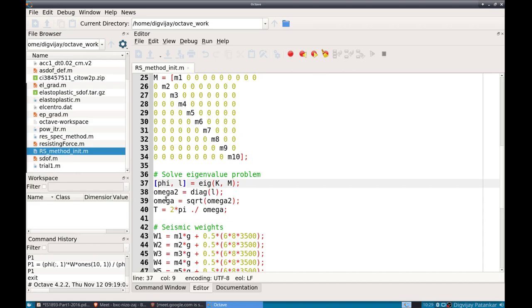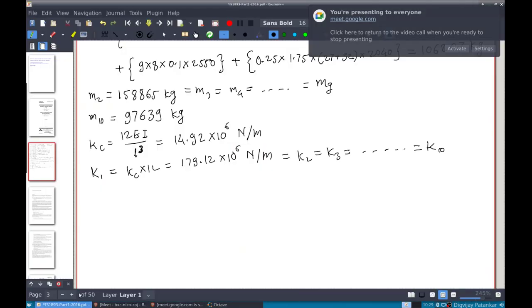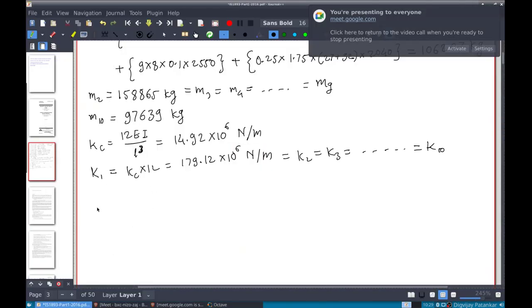So from this I calculate omega and T values here, and then I have to calculate seismic weights. I have told you how to calculate seismic weight. Once we have masses, then seismic weights.